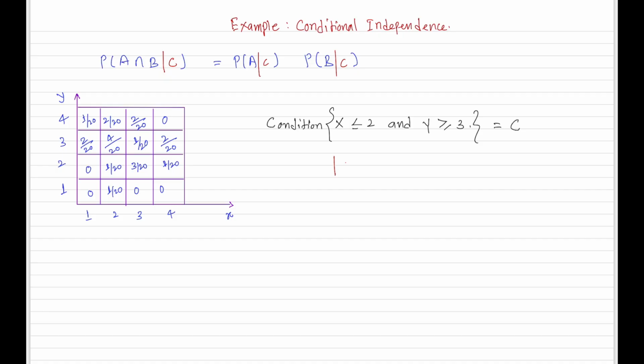Under the condition C, let's say random variable x will take the value little x and y will take the value little y.